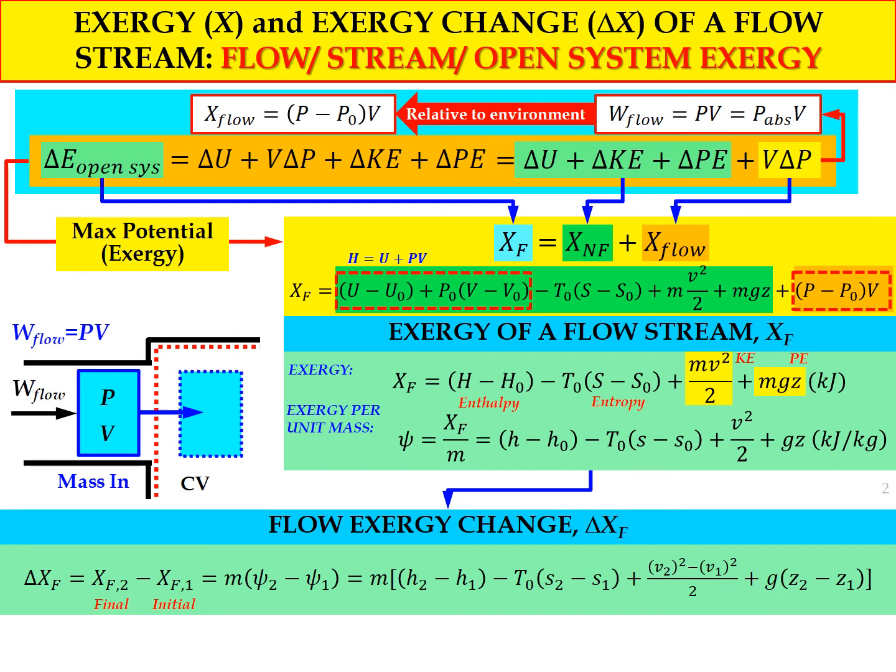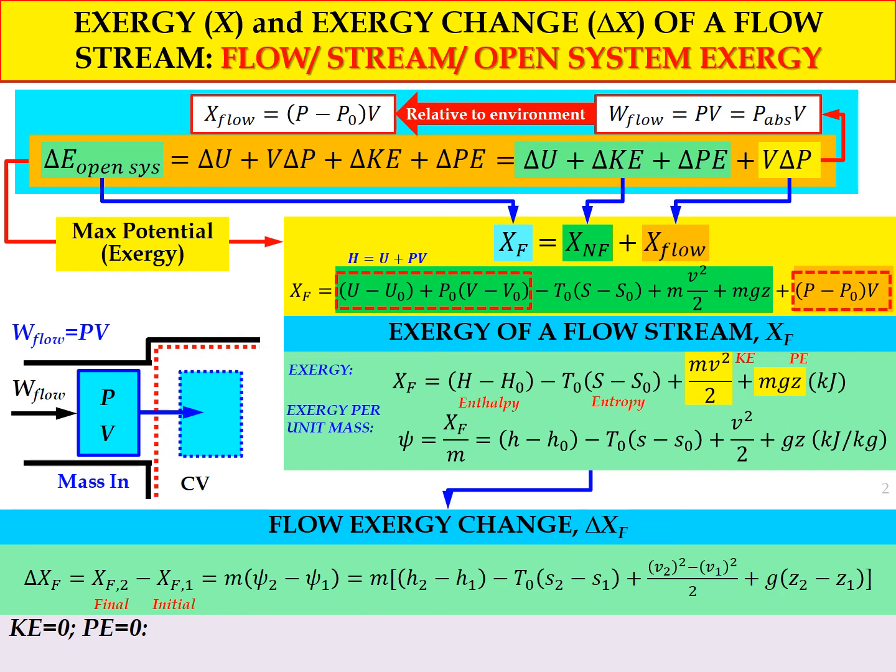In this equation for delta XF, we don't have any parameter for h naught and s naught, because during the subtraction of the XF equation for the final state and initial state, we already eliminate the parameters h naught and s naught.